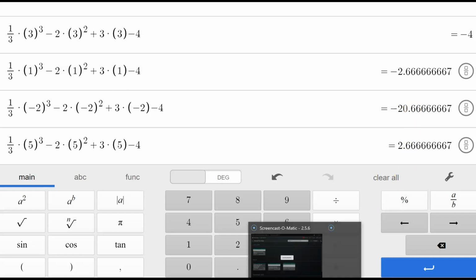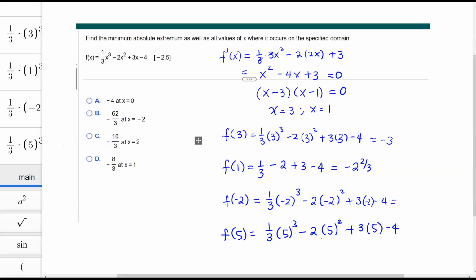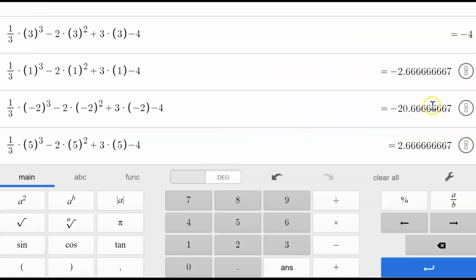Now if we go back to the problem, we are asked to find the minimum absolute extremum. The minimum absolute extremum is the least value, so the lowest value is this one, this value here.